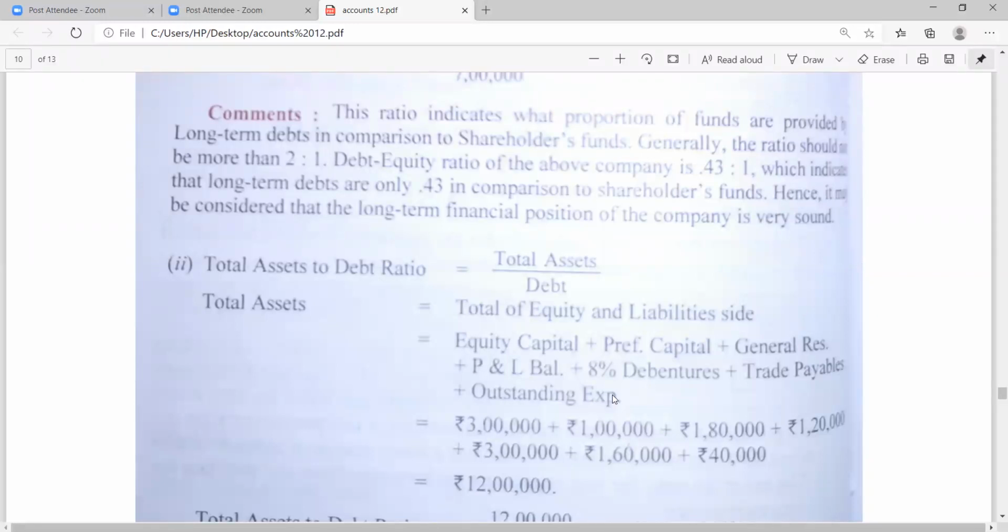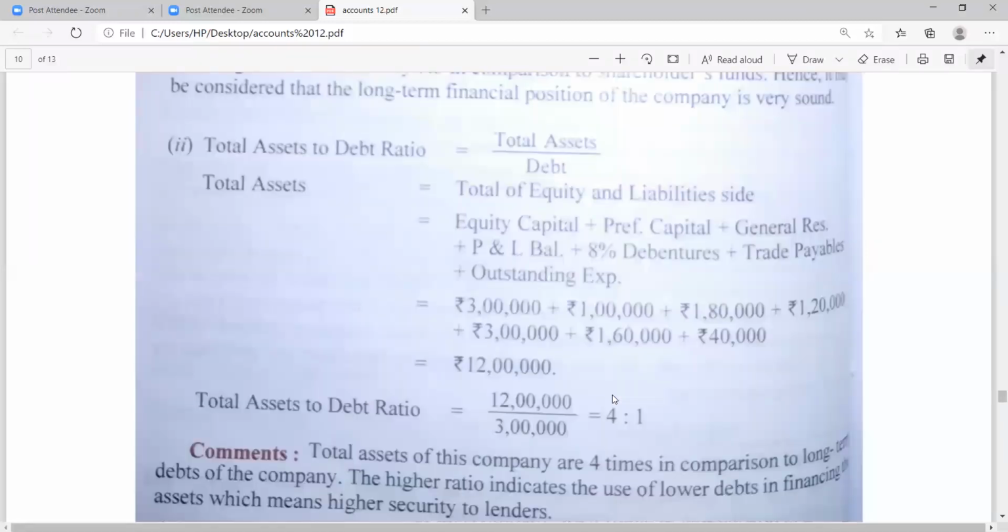As the information related to equity and liability is given to us, we have to consider this formula. Equity share capital, preference share capital, general reserve, profit and loss balance, 8% debenture, trade payable, outstanding expense. All these items get a total of rupees 12 lakh that will be considered as the assets.